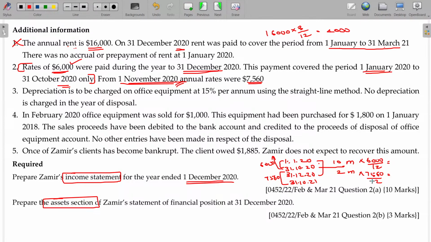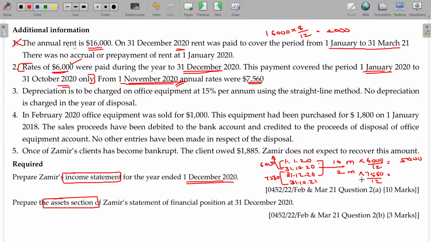Okay, so we need to calculate for the 12 months. For the first 10 months, it's cheaper. 6,000 rupees for 1 full year means for the 10 months it should be 5,000 rupees. And for the remaining 2 months we paid 7,560 per annum. Per annum 7,560 means per month you have to calculate and multiply with the 2 months value here.